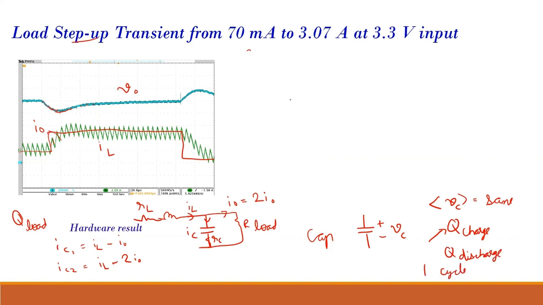So it would be like this. The charge would come something like this. This is your capacitor current. It will be like this. This will be your Q1, Q2, and Q3, because charge is a product of current into time.